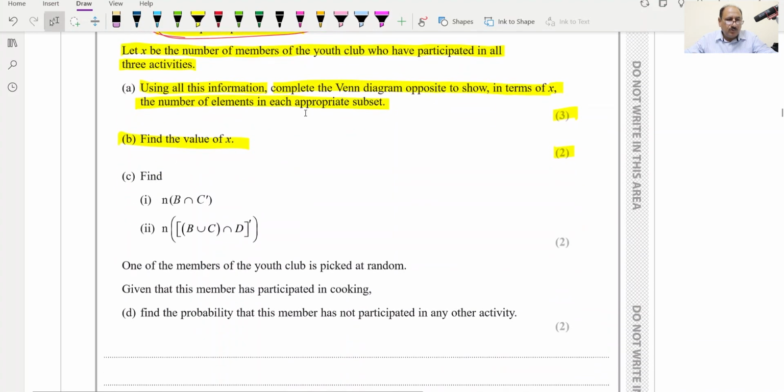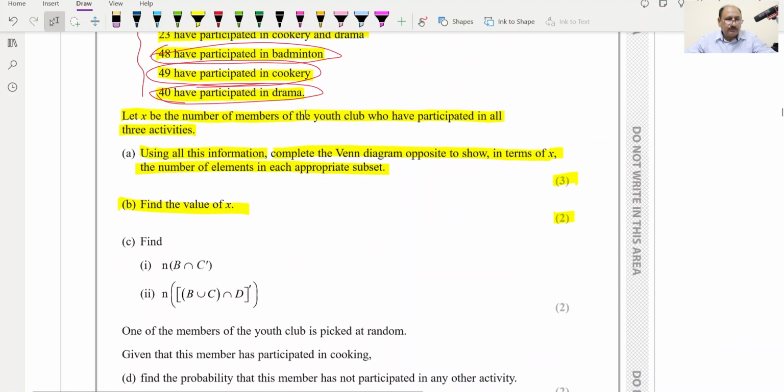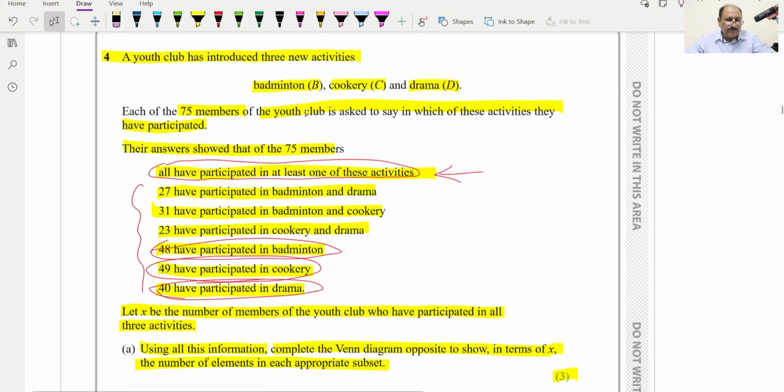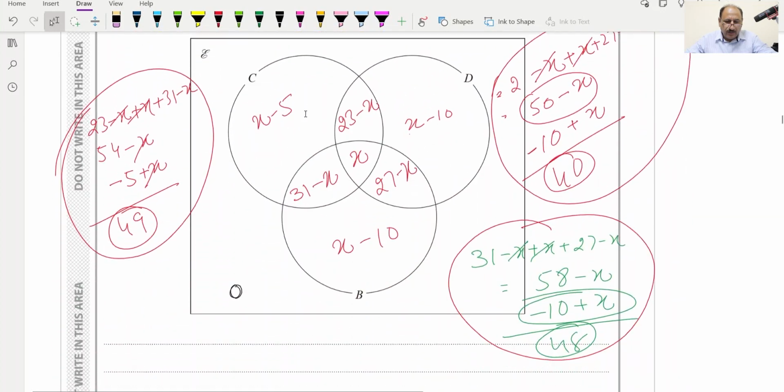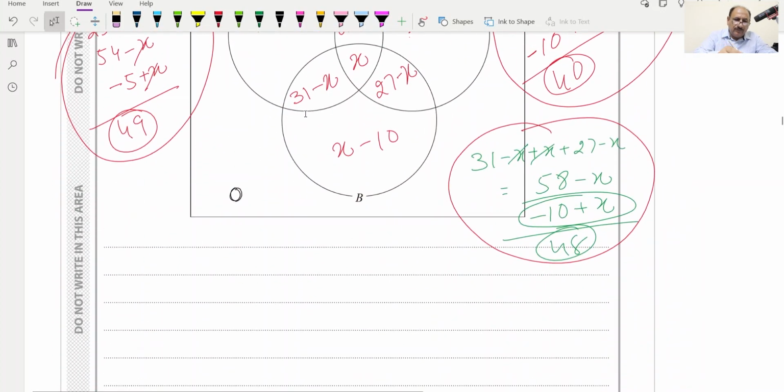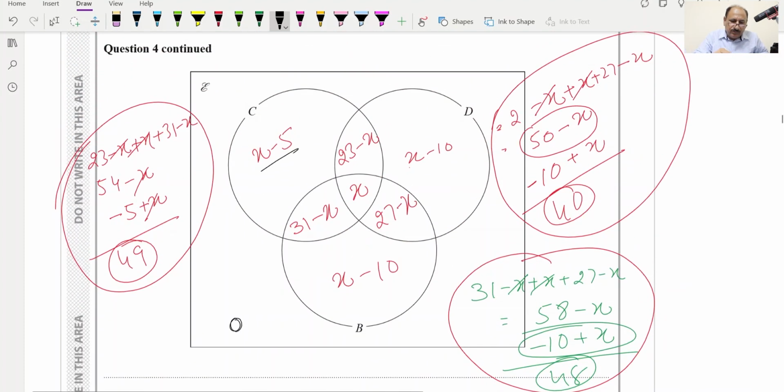Now we know that if we add everything, there are 75 people in all. So for part B we will be adding all the numbers which we have indicated in the Venn diagram.